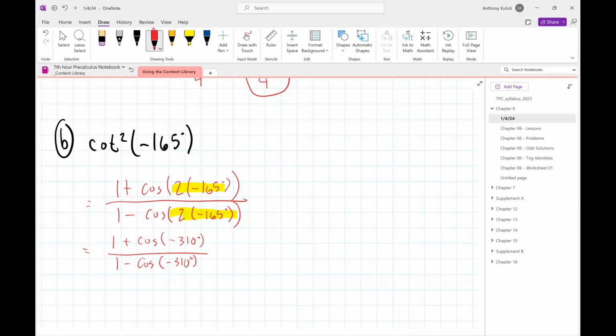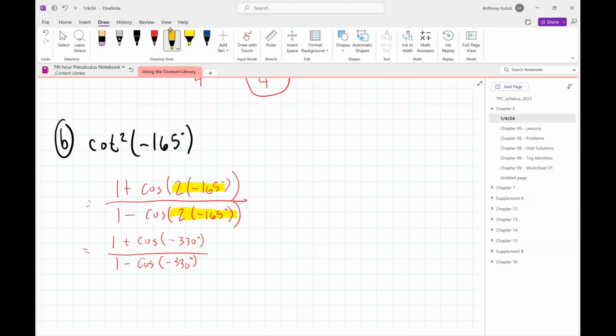Oh no! There's no negative angles on my unit circle. What on earth should I do with that? Oh my goodness, it should be negative 330, not 310.